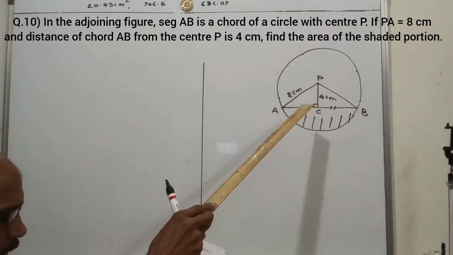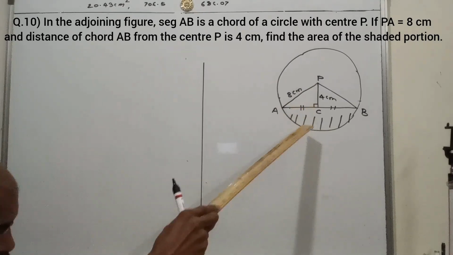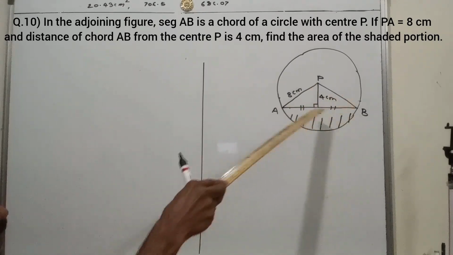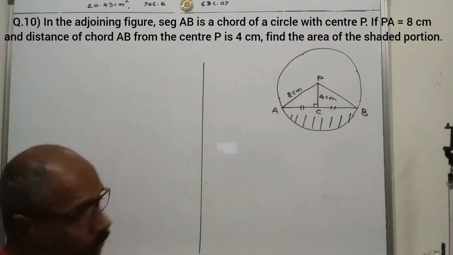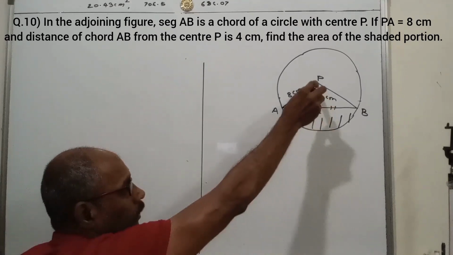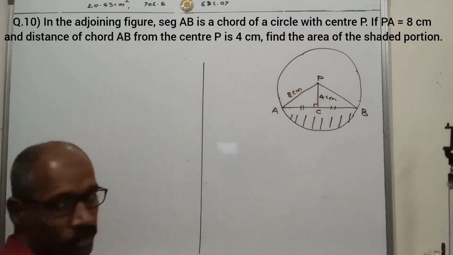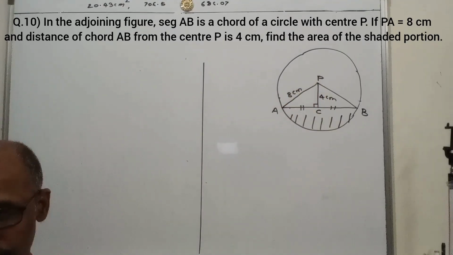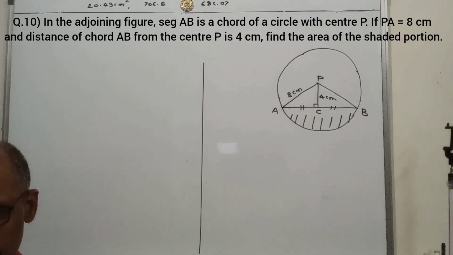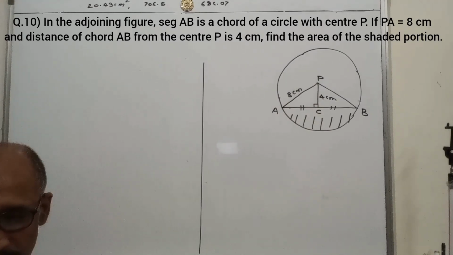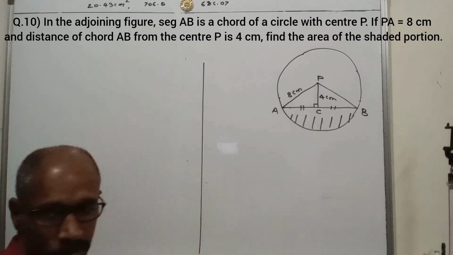Find the area of the shaded portion, this shaded portion. Now here first see this, center of the circle P, when we draw perpendicular from center of the circle to the chord, it bisects the chord. Did you get it?